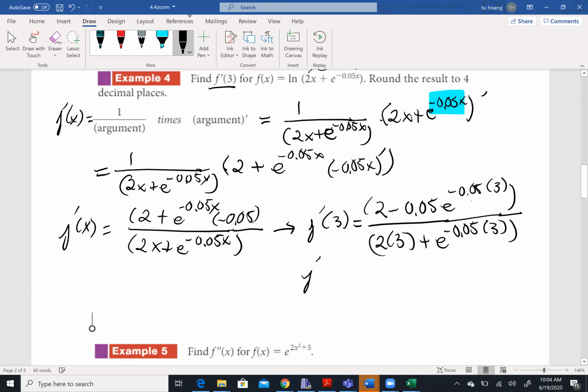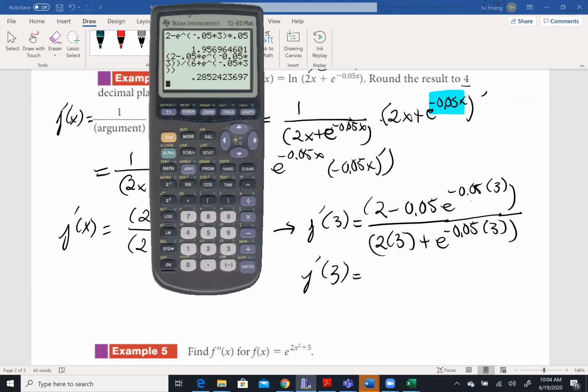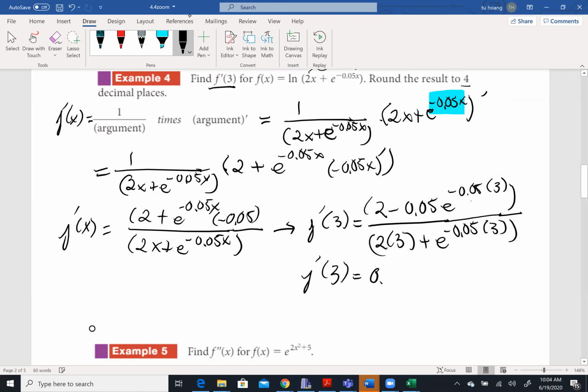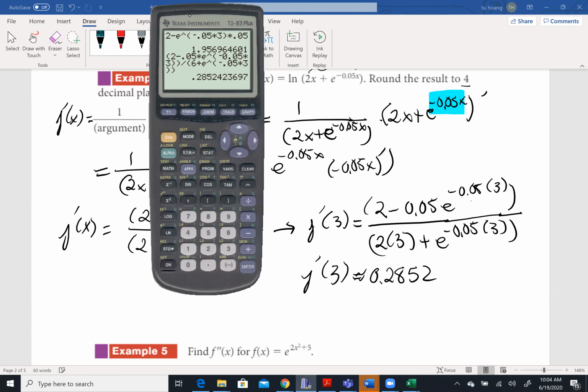So f prime of 3 will be equal to what? They want us to have 4 decimal places, so it's approximately 0.2852.